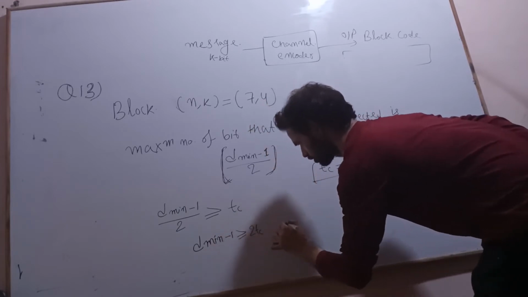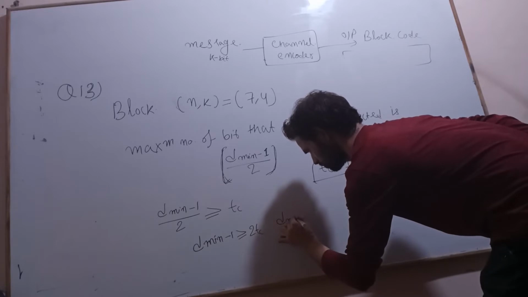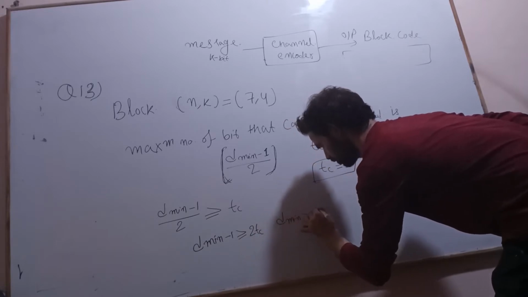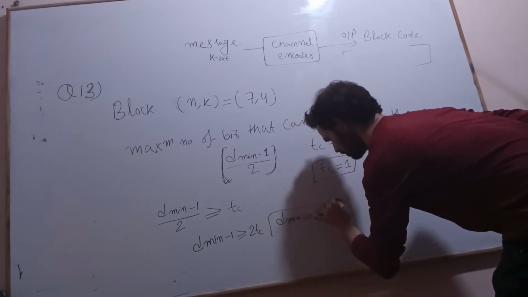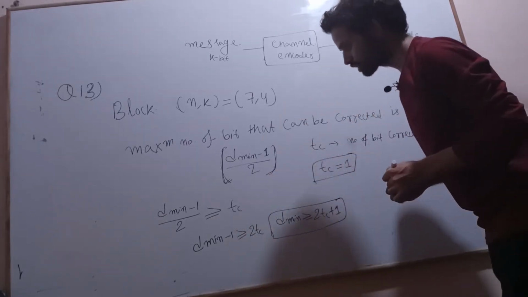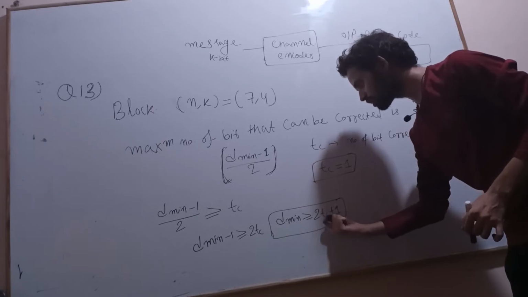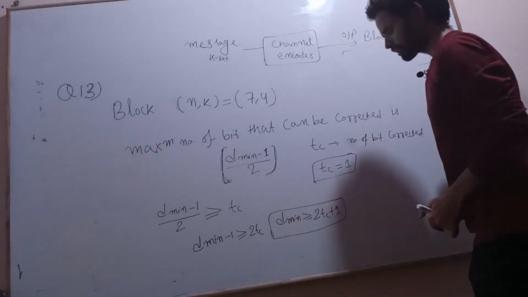So D minimum is greater than or equal to 2tc plus 1. Remember this one, 2tc plus 1. Therefore the minimum distance is 2tc plus 1.